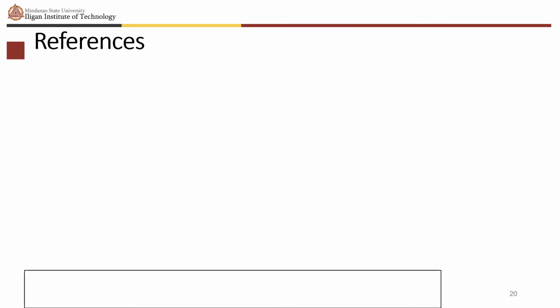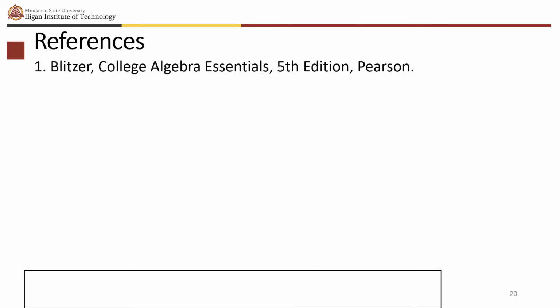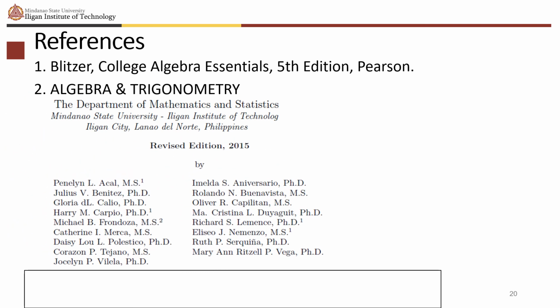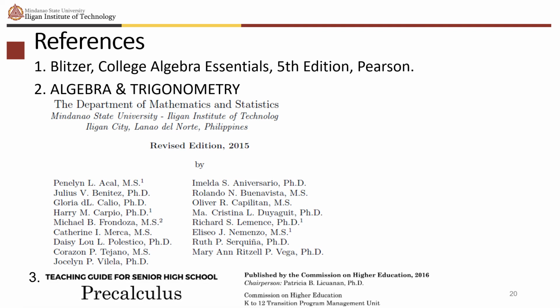So for our references, we have Bleacher College Algebra, Stewart's 5th edition, Algebra and Trigonometry from the Department of Mathematics and Statistics. And we also have here the teaching guide for senior high school pre-calculus.